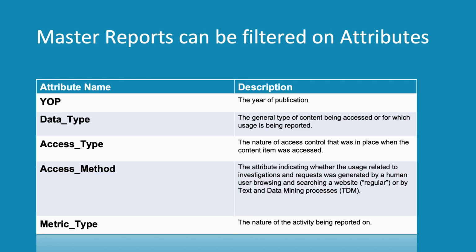All master reports can be filtered based on various attributes, including YOP, or year of publication; data type, an indication of the type of content being accessed or for which usage is being reported; access type, that is, the nature of access control that was in place when the content item was accessed; access method, which indicates whether the investigations and requests were generated by a human user browsing and searching a website, that is, regular, or by text and data mining processes, or TDM; and metric type, the nature of the activity being reported upon.